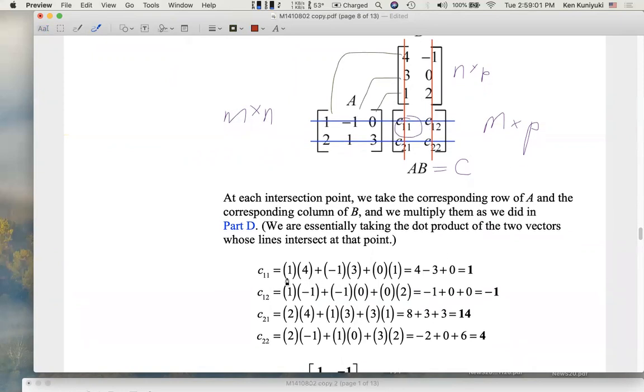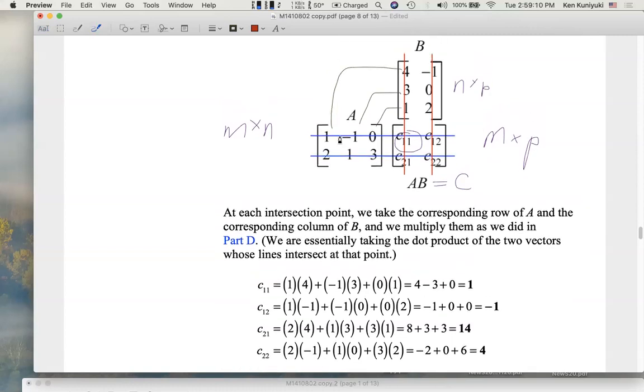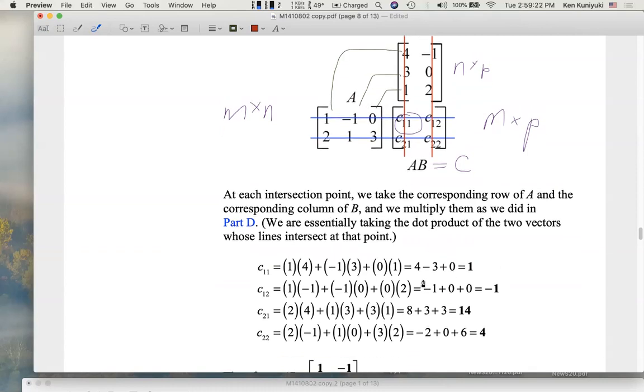If you tend to miswrite things, you might just want to work the products in your head and write them down. It's 4 plus the -3 plus the 0. If either factor is a 0, the result is 0 for that product. So it's 4 minus 3 plus 0, which is 1. So a 1 goes in the upper left entry.